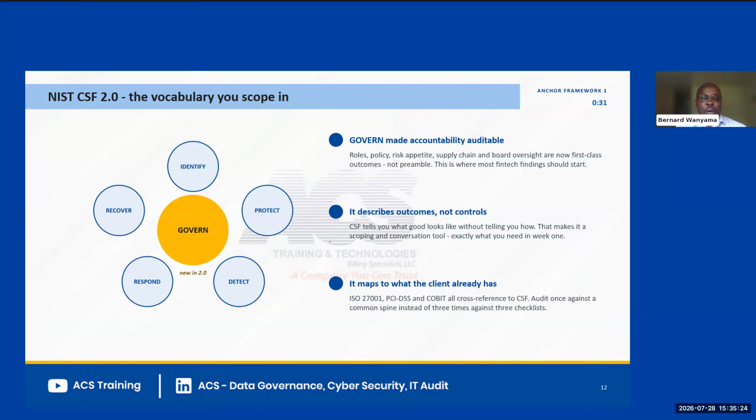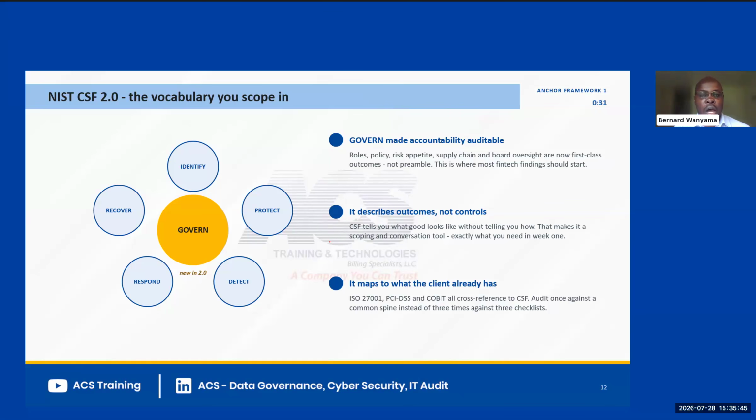So as part of our audit, we realize that the organization, this fintech, has chosen and taken up the NIST Cybersecurity Framework 2.0 to drive their cybersecurity governance and risk management activities.